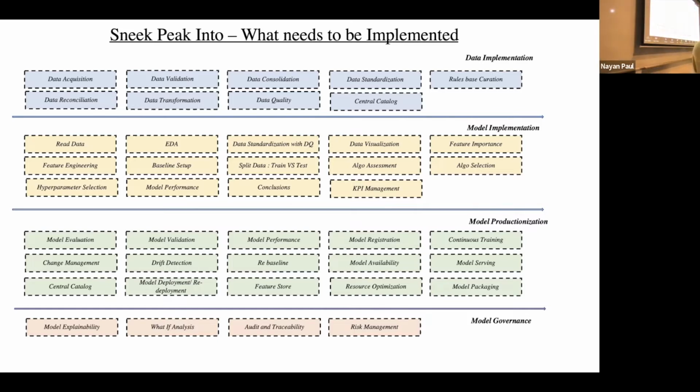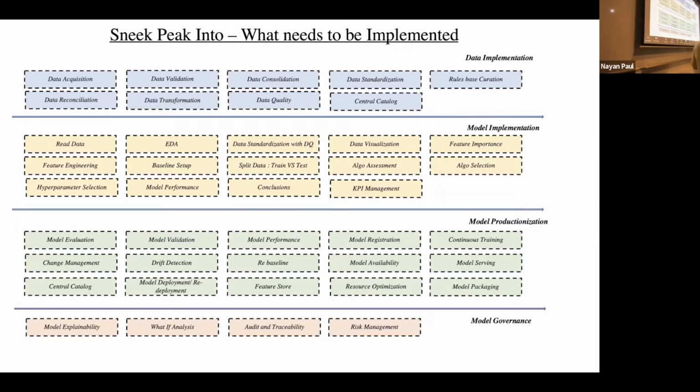What-if analysis means, in case my credit score is a little bit higher, will it change the outcome? Then audit and traceability. Can I audit the reason? Can I come back after 3 weeks and say, I had this kind of a requirement, and understand why it was predicted that way?